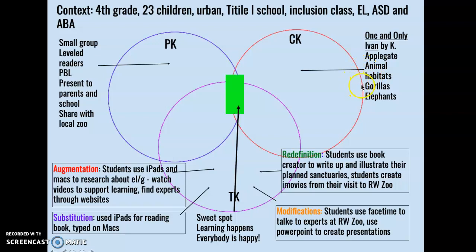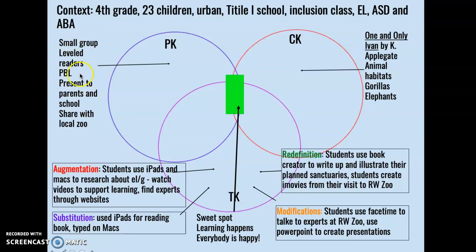And then depending on what small group they were in, they became experts on gorillas or they became experts on elephants. And since those are 2 really interesting animals, it was really easy to get the kids excited about it. And they also super liked Katherine Applegate's book, because it's a really good one.